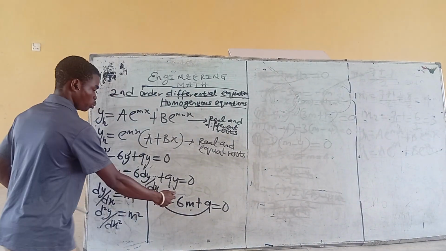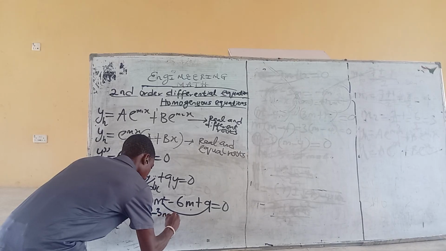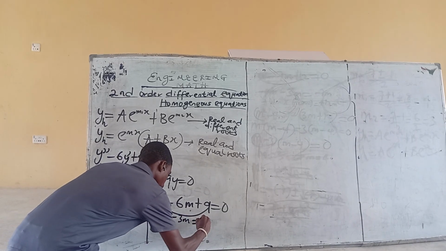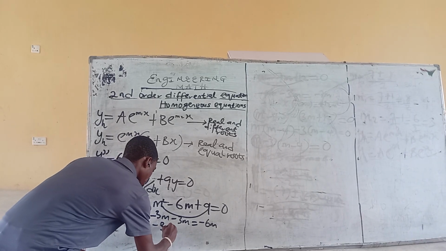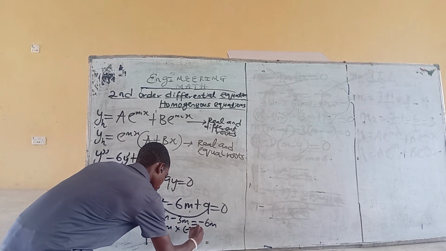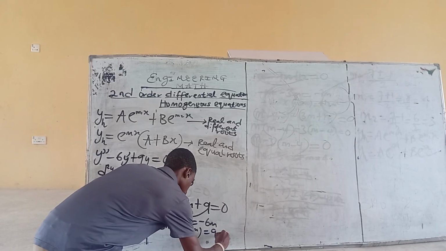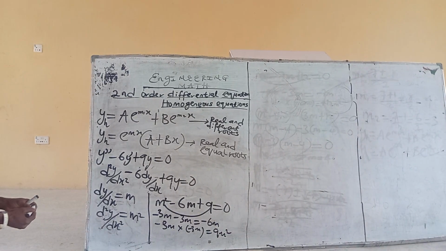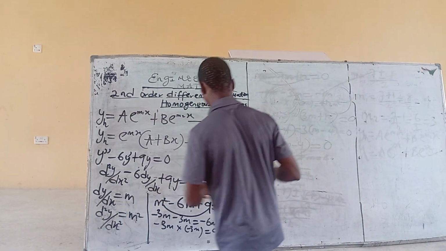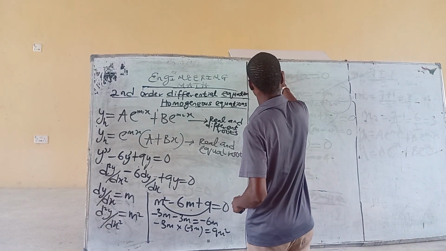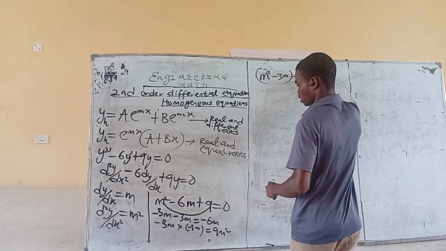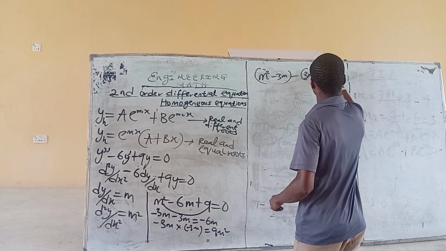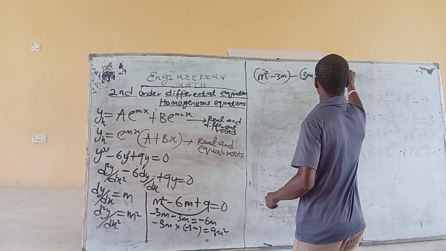So this will be minus 3 and minus 3. That's minus 3m, minus 3m will give you minus 6m. Then minus 3 times minus 3 will give you 9. Understood? So let's factorize: m squared minus 3m, then minus 3m plus 9 equals 0.